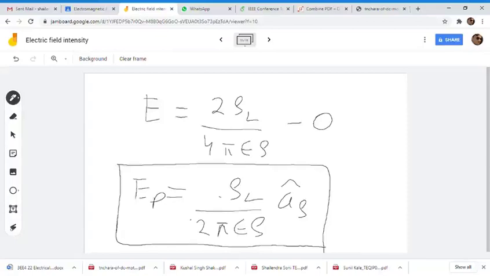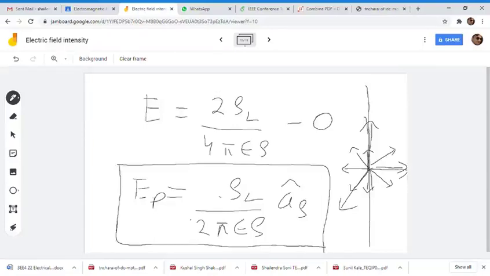So if you consider a line charge like this, what will be the electric field? And mind you, this is an infinite line charge, so the electric field will always be in the radial direction. Considering this to be the z axis, this the y axis, and this the x axis, it will go around in a circle.